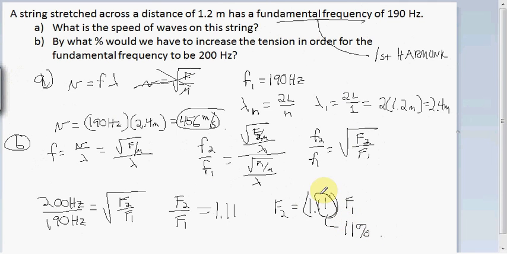In other words, if this had been 1.5 times F1, then we'd have said it increased by 50%. If it was 1.2 times F1, we would have said 20%. It's 1.11, so that means that the tension increases by 11%. That's it.